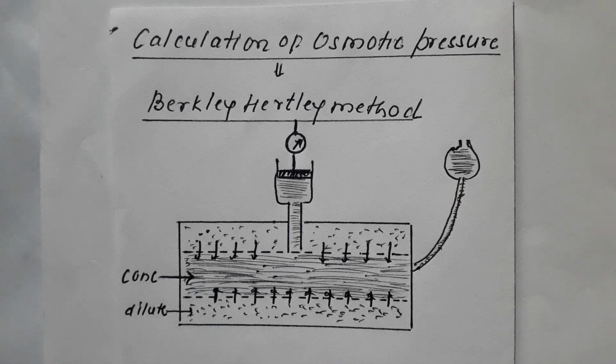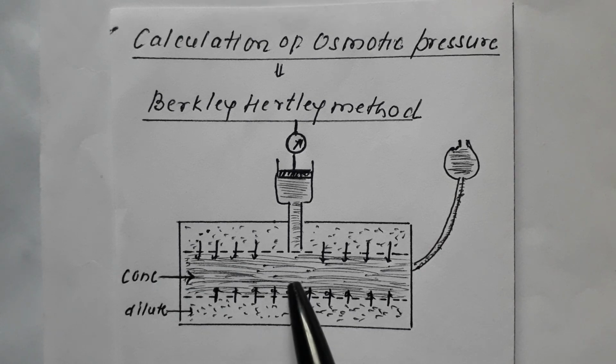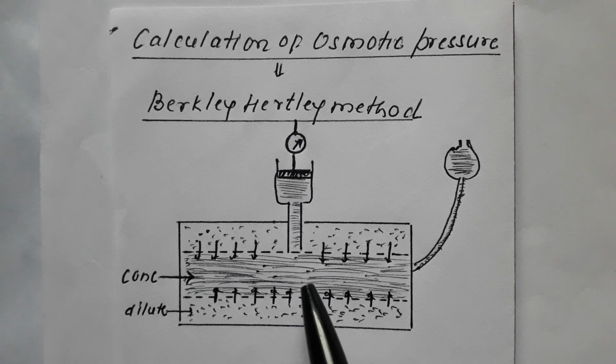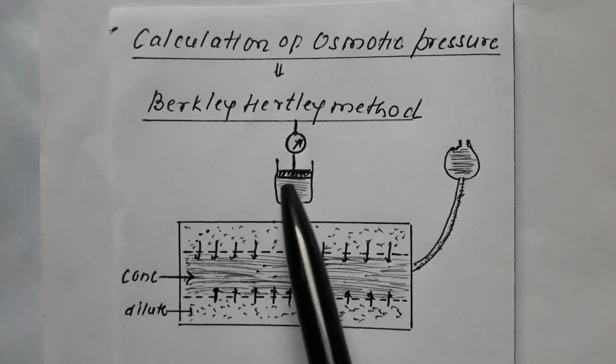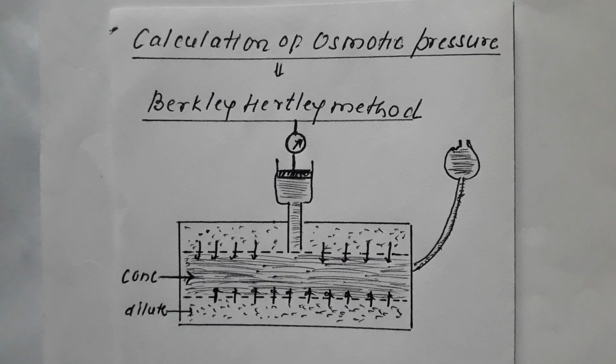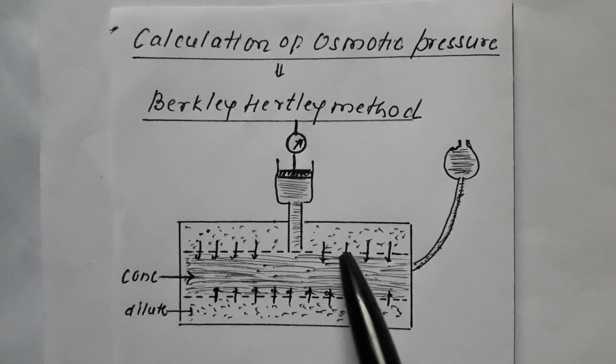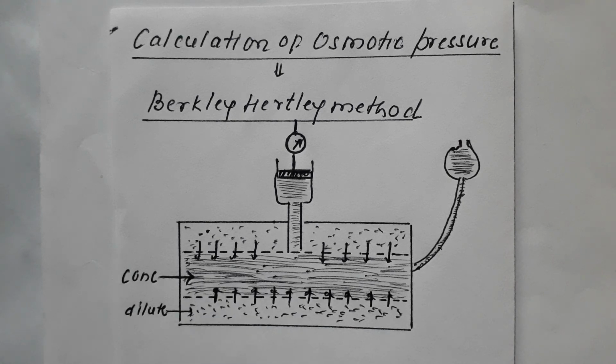As a result, the volume of solution in the inner tank starts increasing, the volume in the piston also increases, and therefore the piston starts rising due to the inward flow of solvent particles.